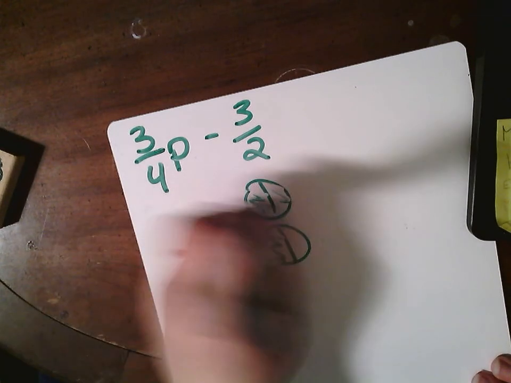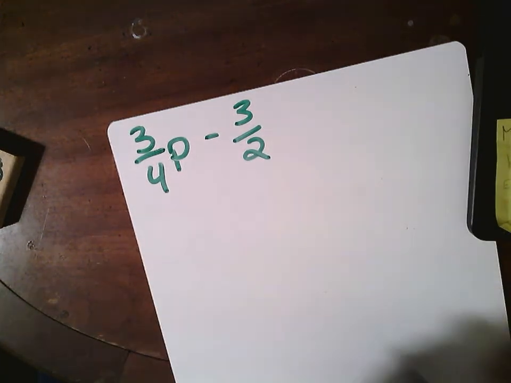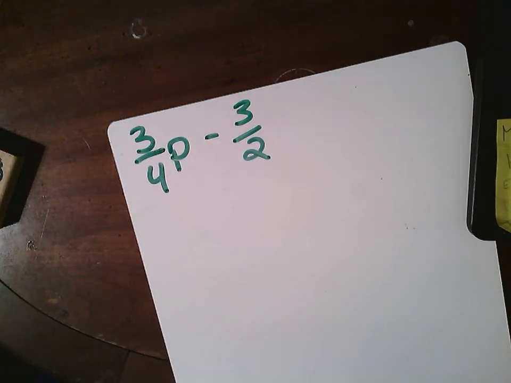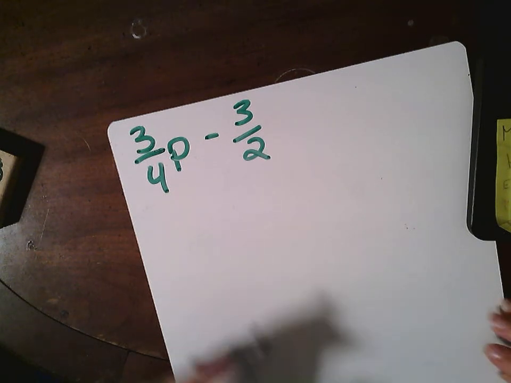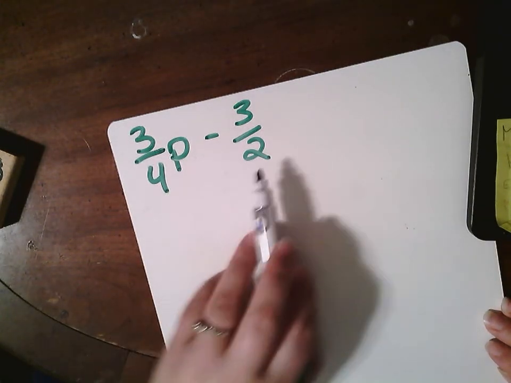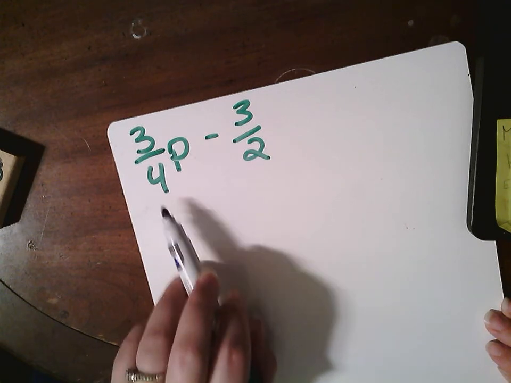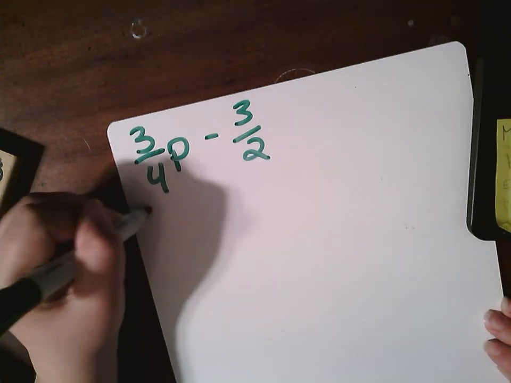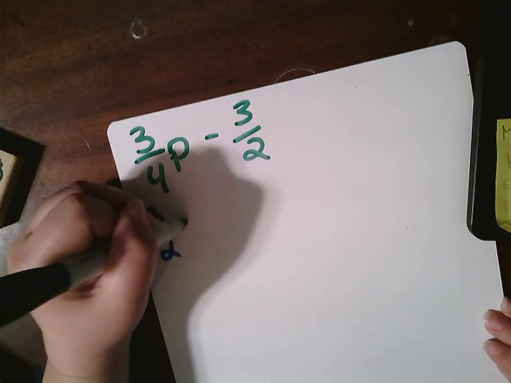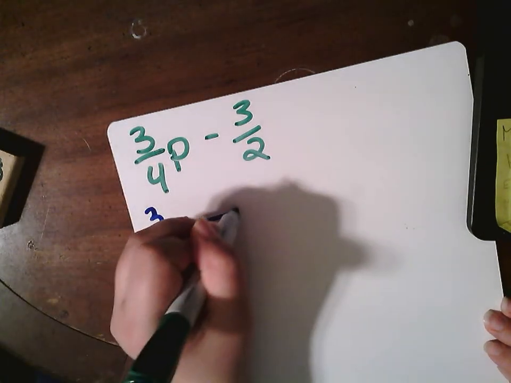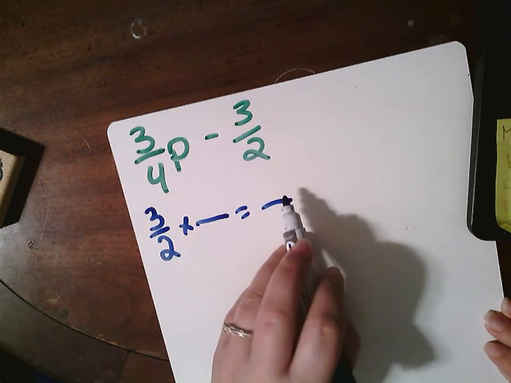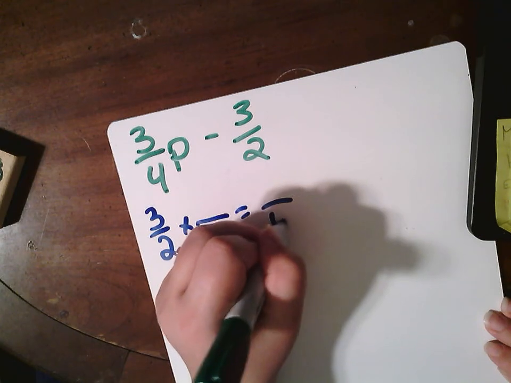So what we need to do first is make sure that our denominators are the same so we can accurately compare these two fractions. So I can make this 3 halves into something over 4 pretty easily. So I'm going to say 3 over 2 times something will give me a number over 4.